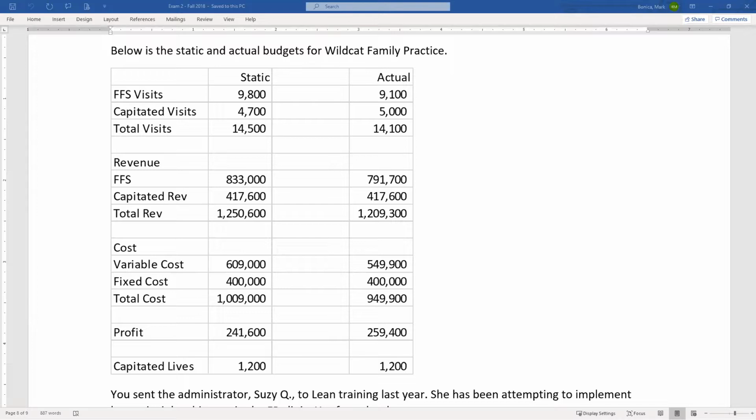Remember, we get a fixed amount of revenue, our capitated revenue, for our capitated patients.